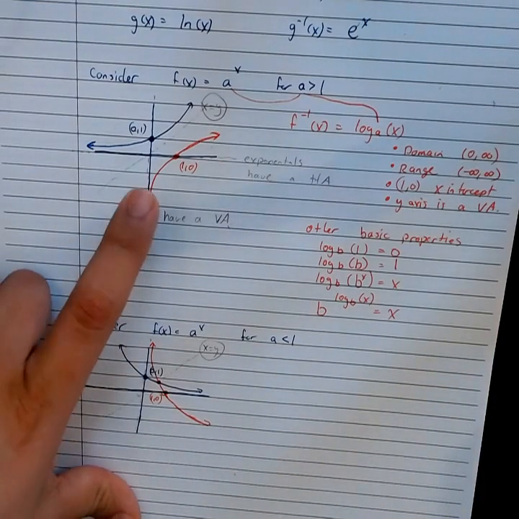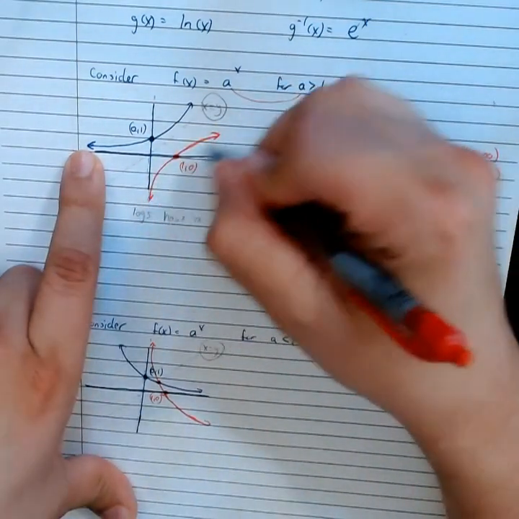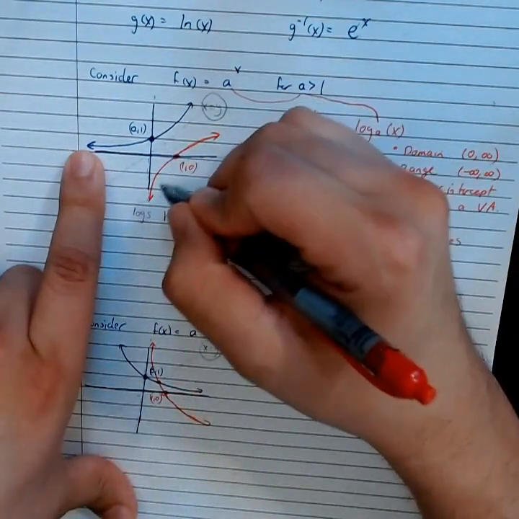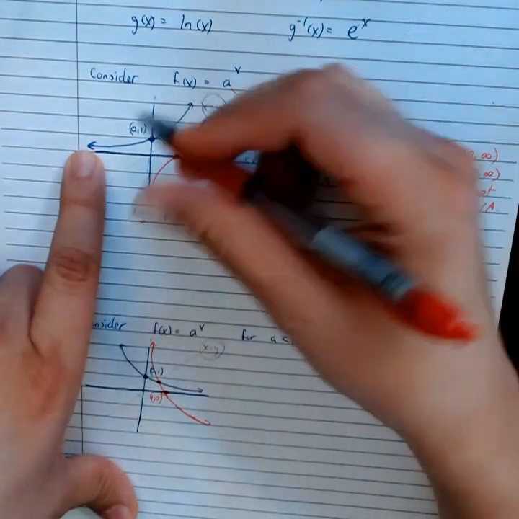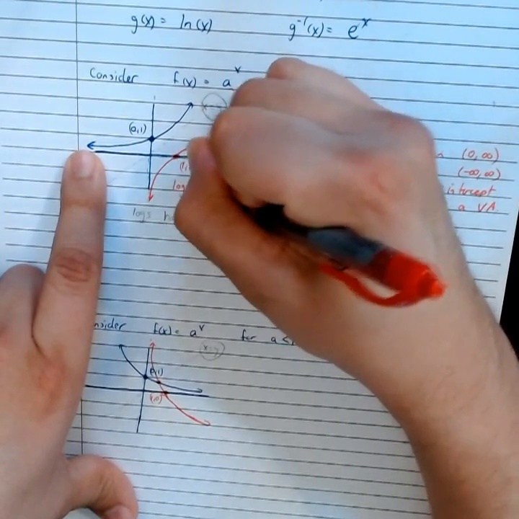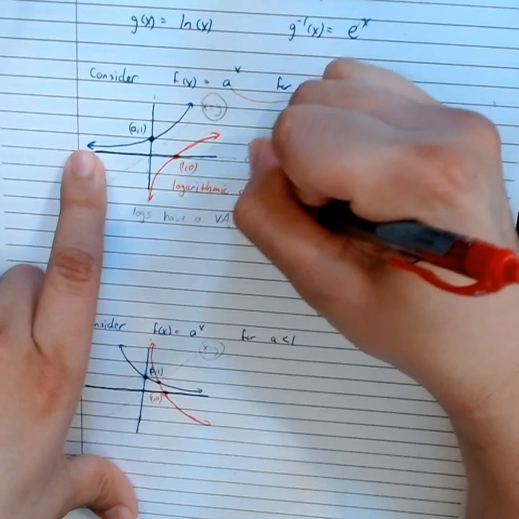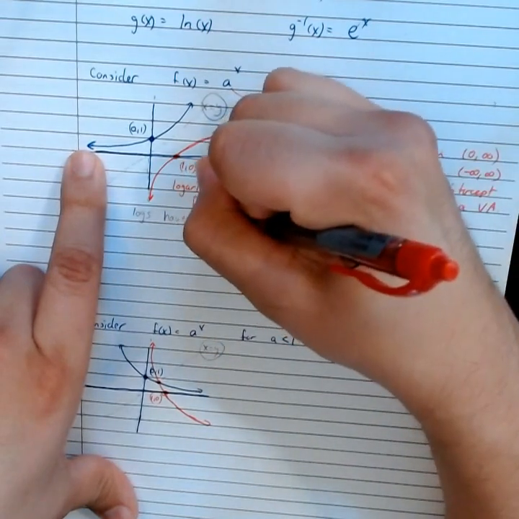Whenever you have a base that is greater than 1 for an exponential function, this is called an exponential growth function. Here, we're going to share the same name, except now instead of exponential, this is logarithmic. Okay, fine. That makes this the logarithmic decay function.